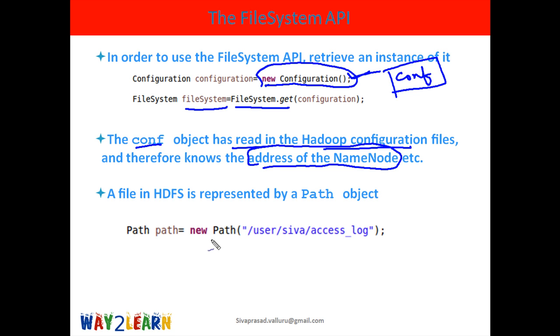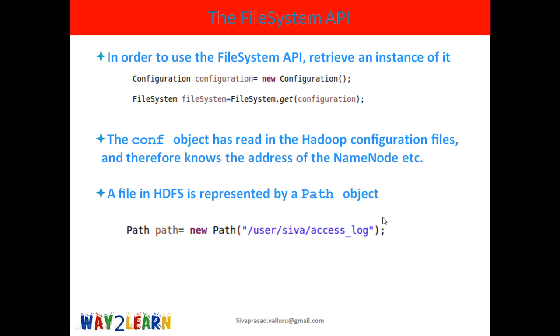Path is an object which points to a file or a directory. So you have to create a Path object pointing to either a directory or a file. Then you will be able to use the FileSystem object to do various manipulations.